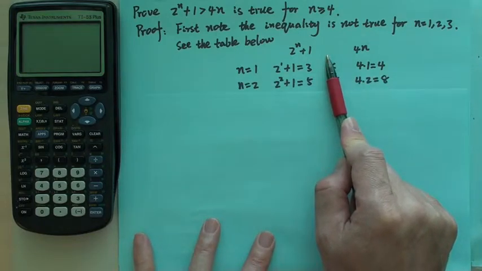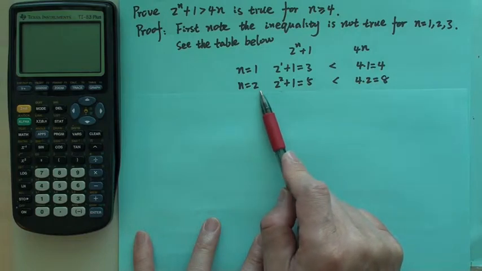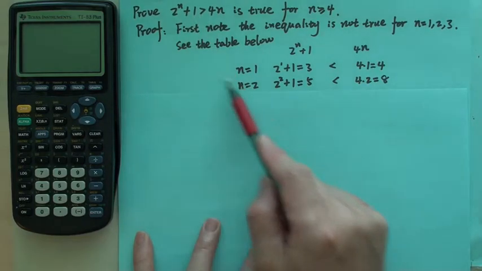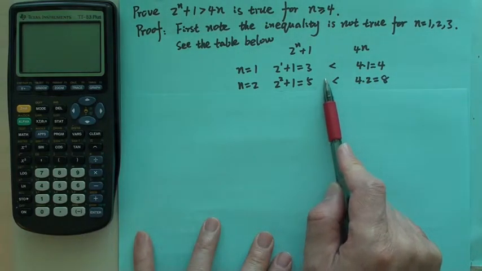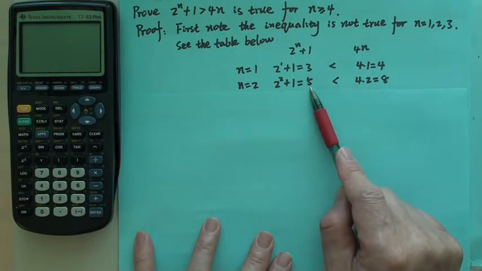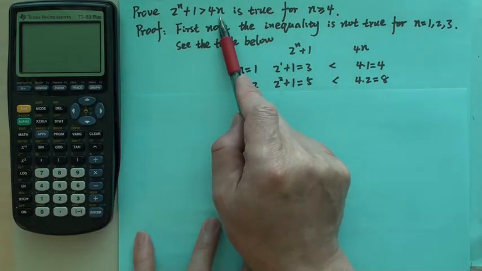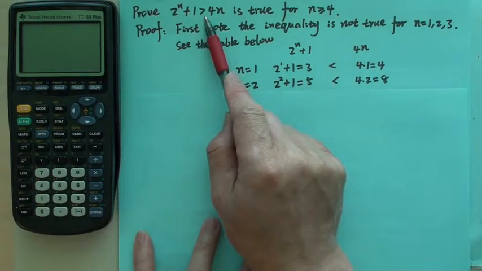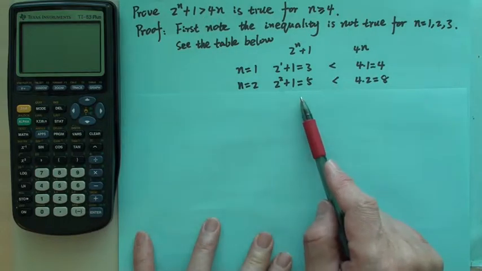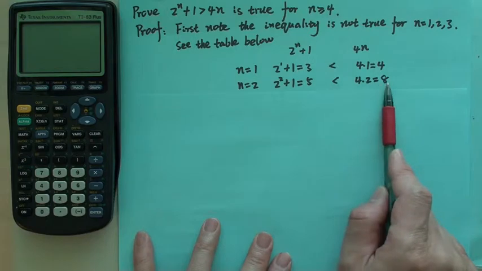When n equals 2, you can do the same. 2 squared plus 1 is 5, but 4 times 2 is 8. Again, 5 is less than 8. So this inequality, left-hand side greater than right-hand side, fails when n is 2.